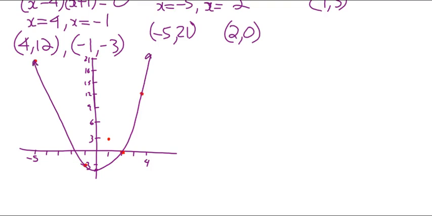Okay, so there's the x squared minus 4. Next one is y equals 3x. That's pretty easy. It goes through 1, 3 and this one here, and it goes through 4, 12.